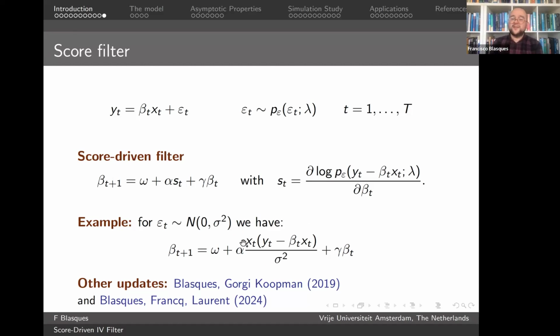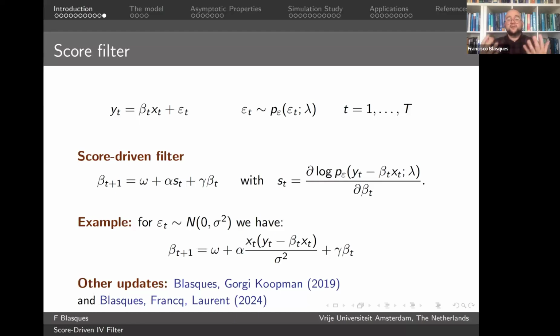If you use a different density, you get a different update. That's essentially how score filters work. Or also other twists and turns as is considered in these two other papers that I mentioned here. But the idea is that one. The idea is very simple, actually.